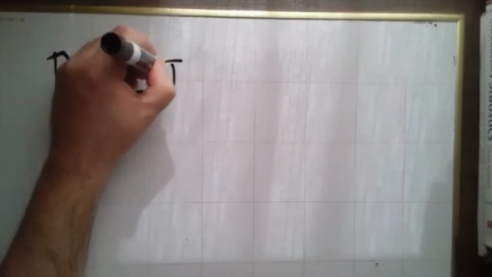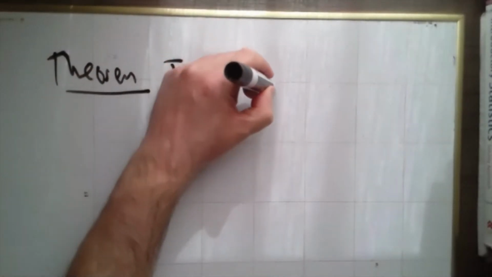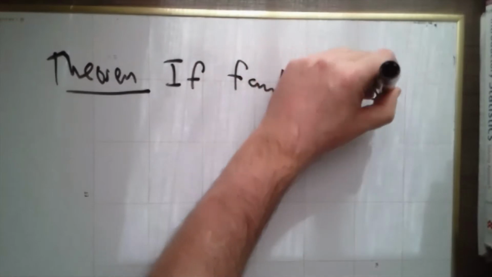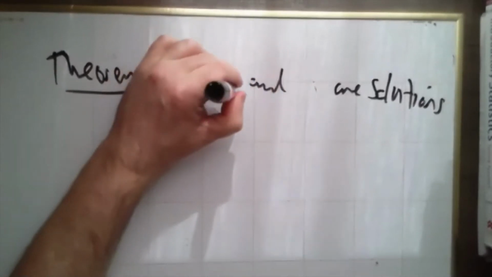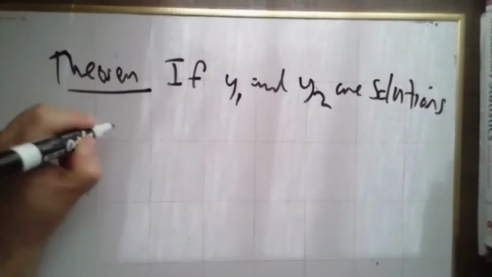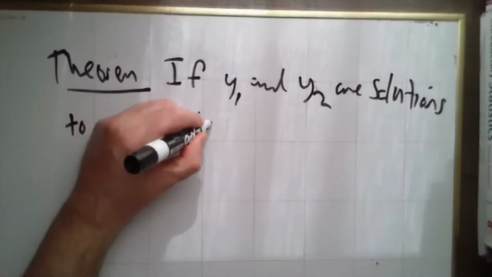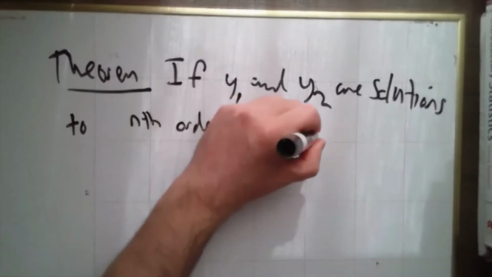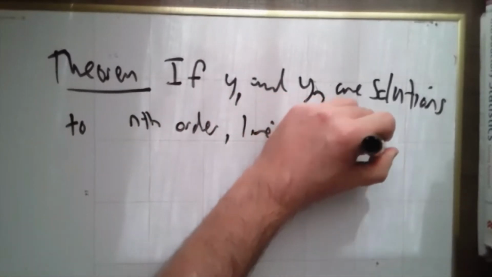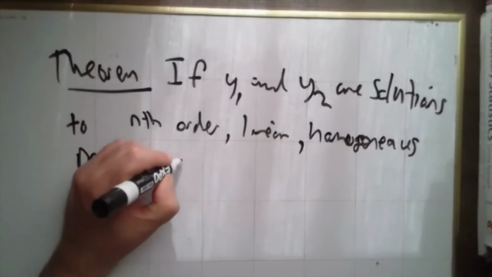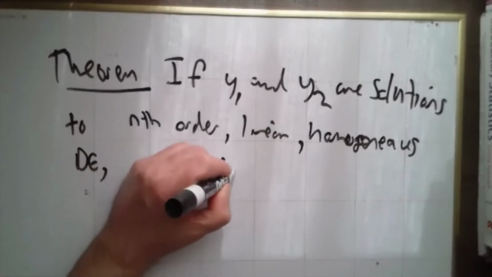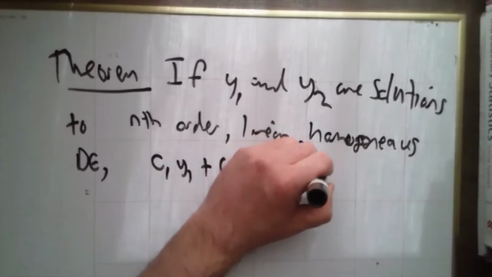Because of that, this is an important theorem. If f and g are solutions, or let's call them y1 and y2, to an nth order linear homogeneous DE, then C1 y1 plus C2 y2 is also a solution.